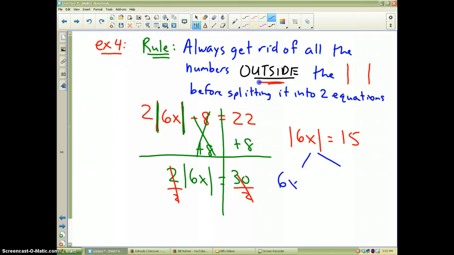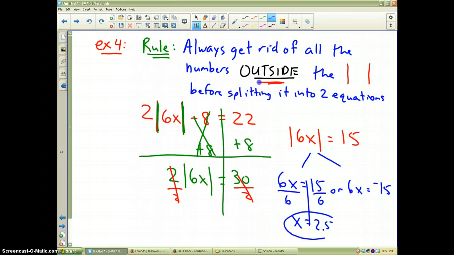I can write 6x equals positive 15, or 6x equals negative 15. And if I divide both sides by 6, I get x is equal to 2.5 over here. And if I divide by 6 here, I get x is equal to negative 2.5 right there. And those are my two answers.